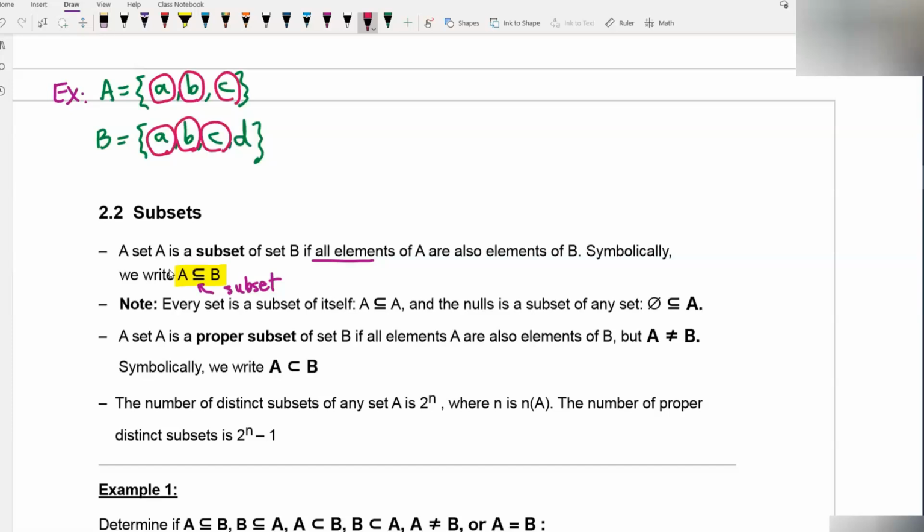We only want to see if all these members in A are also in B. Since they are, that means that set A is subset of B.